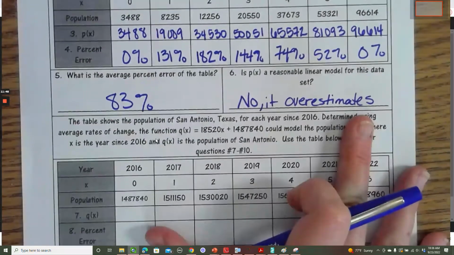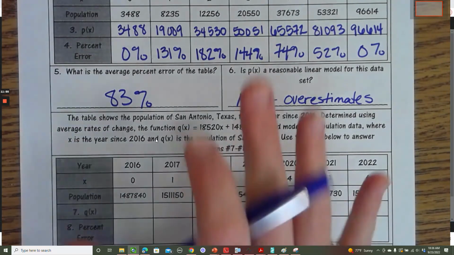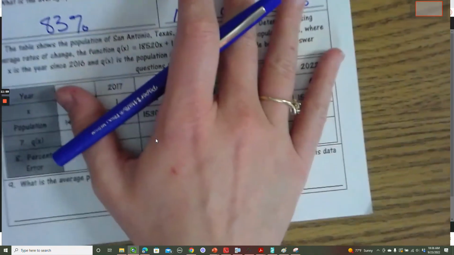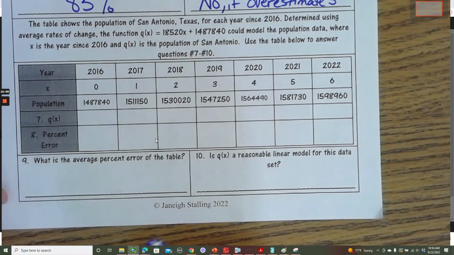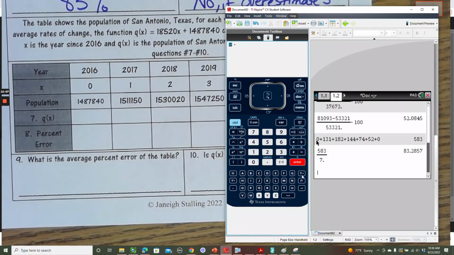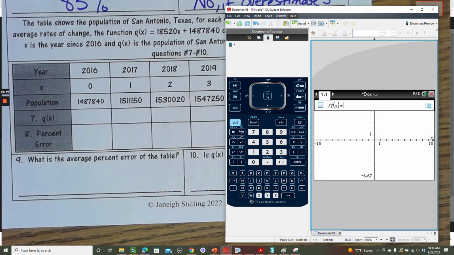Here's my advice on the next one, on the percent errors. Well, hang on. We're going to do the first two columns together, make it even easier on you. We're going to take this equation, and I want to show you what it does in the graph, because there's another way you're going to have to do this.